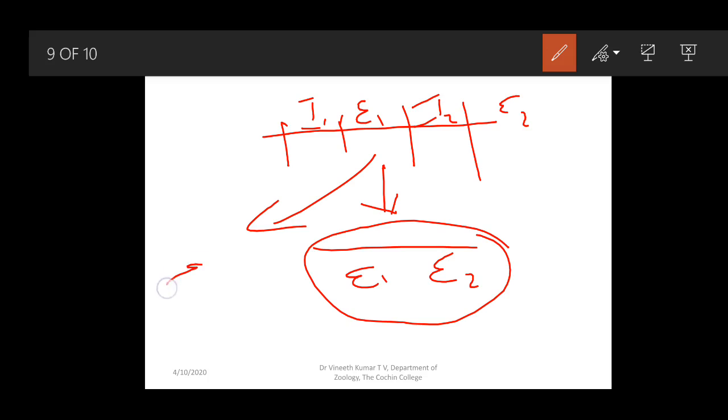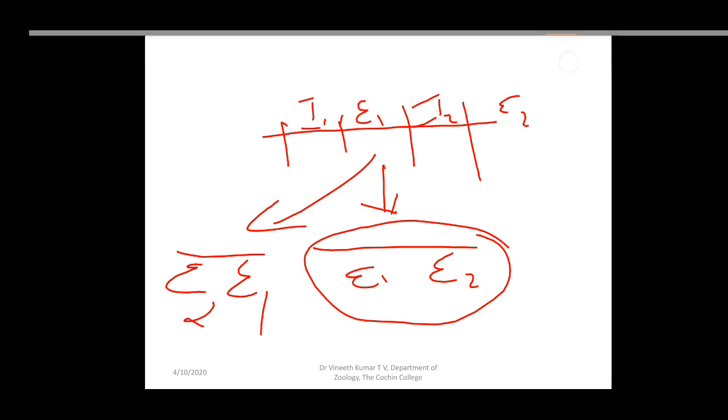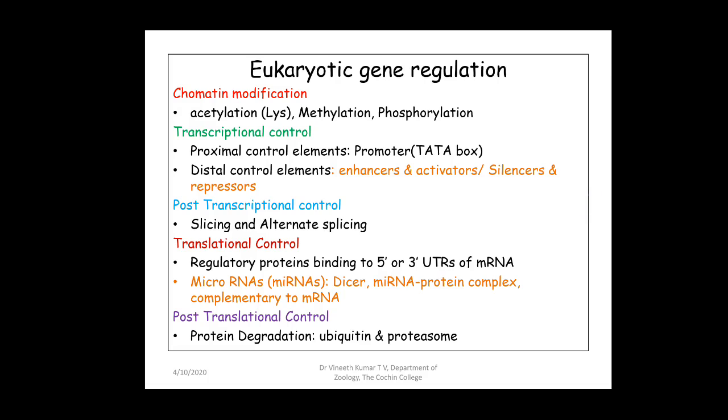E1, E2 in this particular order from left to right is the correct protein. If I jumble E1, E2, you get a different protein or a useless protein. This is called alternative splicing, and it is also a mechanism for regulating gene expression.